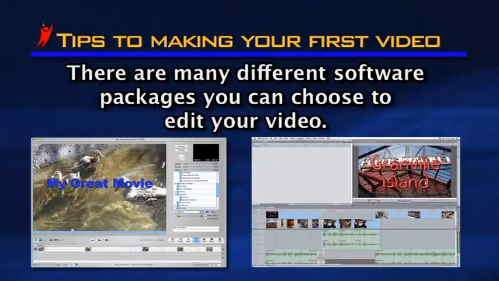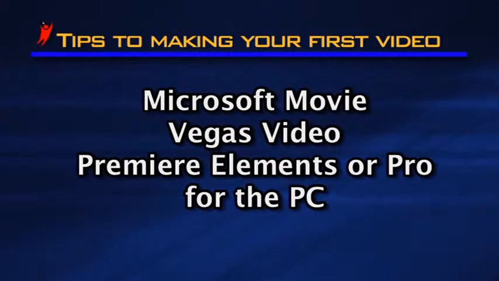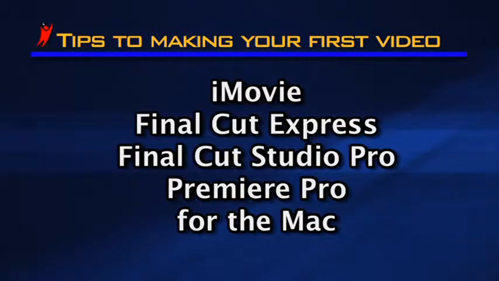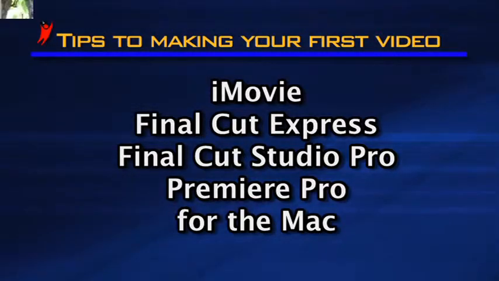Once it's in your computer, there are many different software packages you can choose to edit your video and then output it to a DVD or tape or an internet format to view by friends or family. Programs like Microsoft Movie Maker, Vegas Video, and Premiere Elements or Premiere Pro for the PC, and Mac-based applications like iMovie, Final Cut Express, Final Cut Studio Pro, and Premiere Pro, you can generate a great movie in absolutely no time.